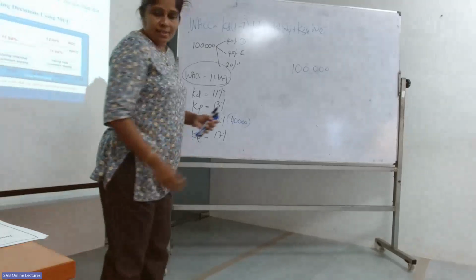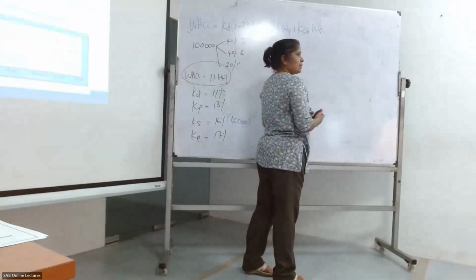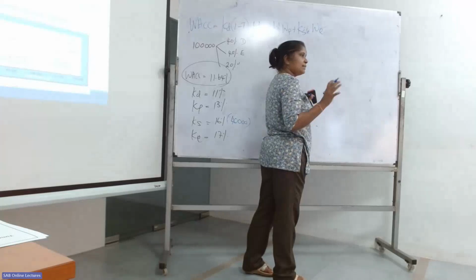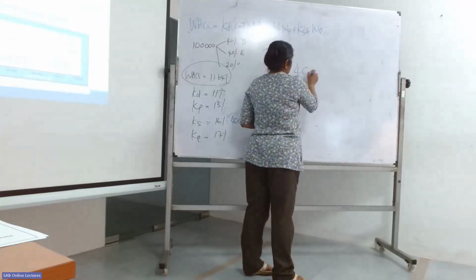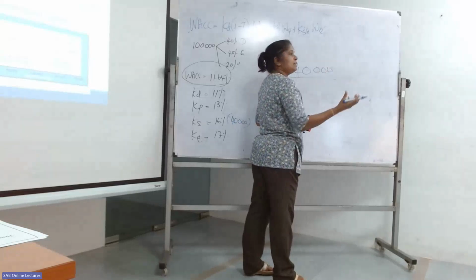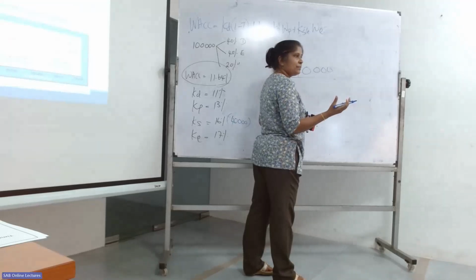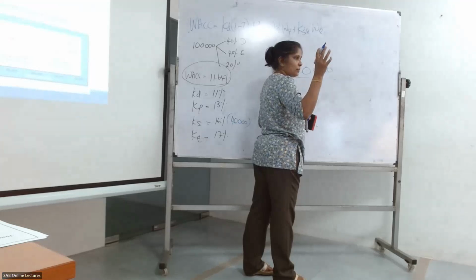Now in this case, the available retained earnings is 40,000. The weight on the equity capital in the capital structure is 40%.